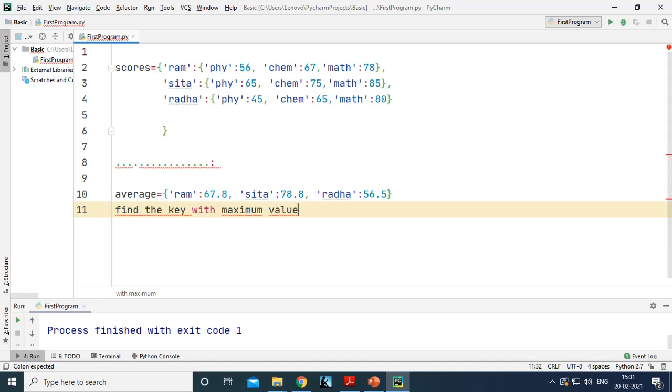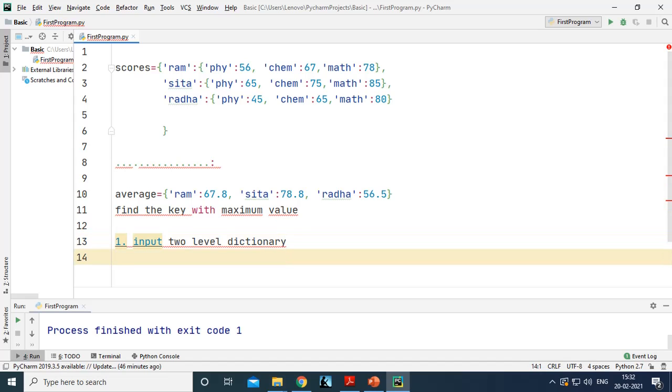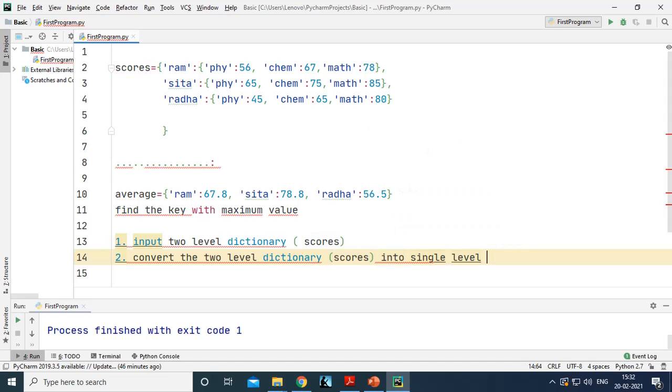So this is how the solution will work. The first step is to input the two-level dictionary, which in our case is scores. Then you have to convert the two-level dictionary scores into a single-level dictionary, which is our average.